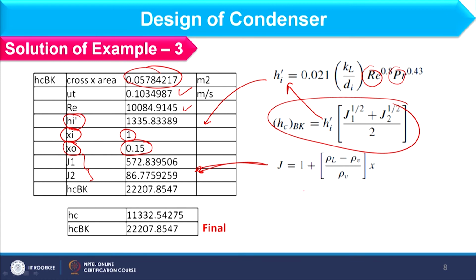Based on that J value and HI dash value, we can find out the heat transfer coefficient using the Boyko-Cruzley correlation, which is coming out as 2207.8547. Now, if I compare the heat transfer coefficient which we obtained from the graph with that from the Boyko-Cruzley correlation, obviously this will be the final value.